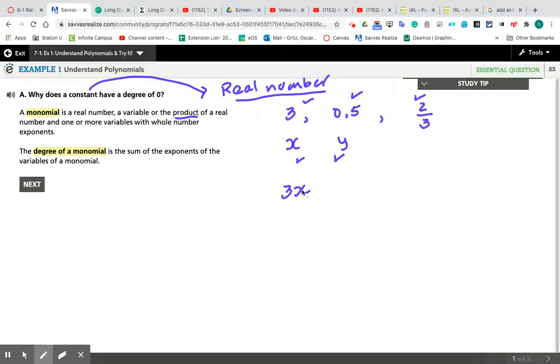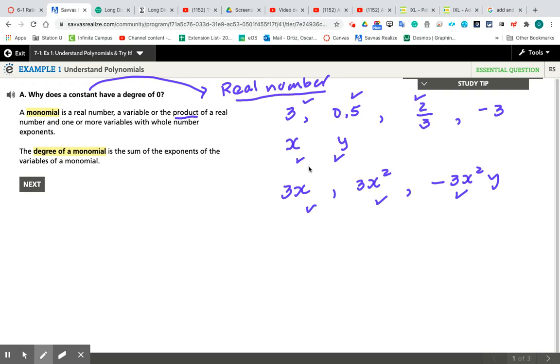And I can take this x twice and say that also 3x to the second power is also a monomial. And by the way, my numbers can also be negative. So I could have a monomial that is like negative 3x to the second power times y. So any one of those is an example of what is called a monomial. All right.